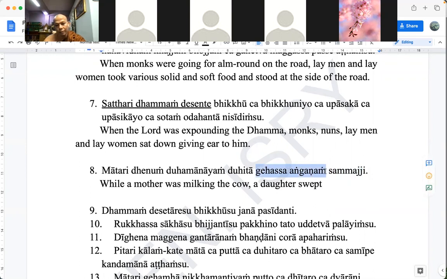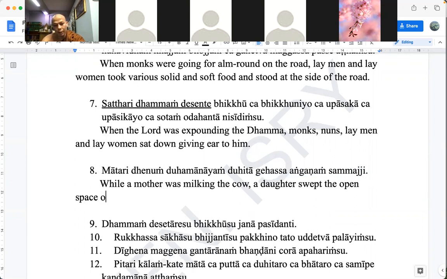Gihassa anganam, so the open space of the house, maybe the yard of the house also.